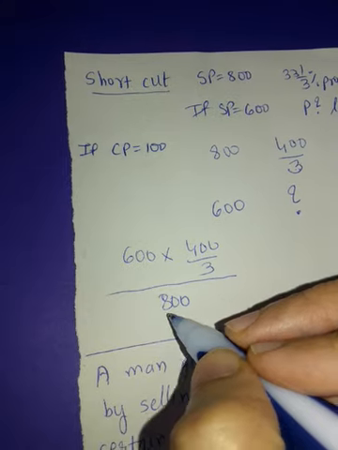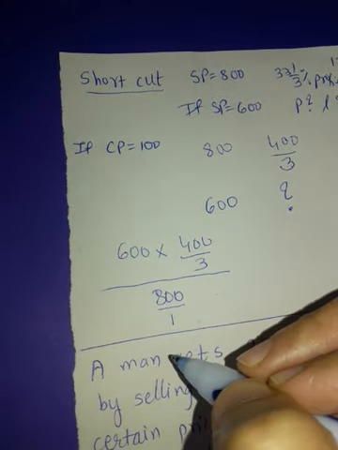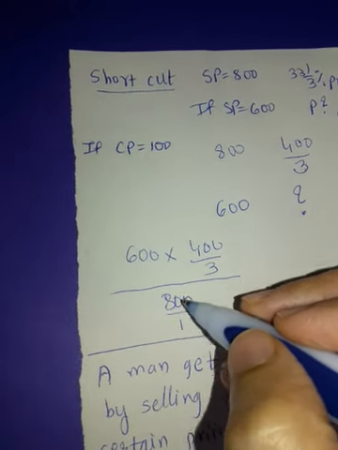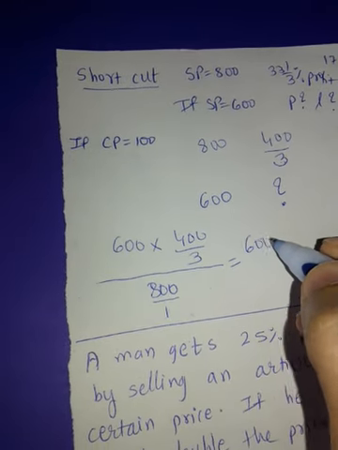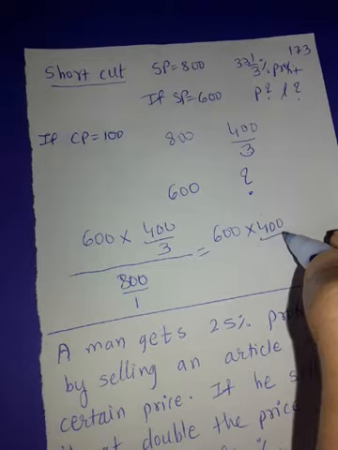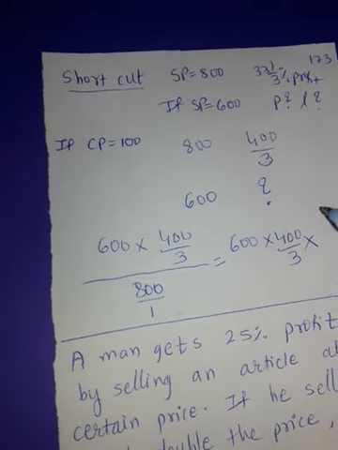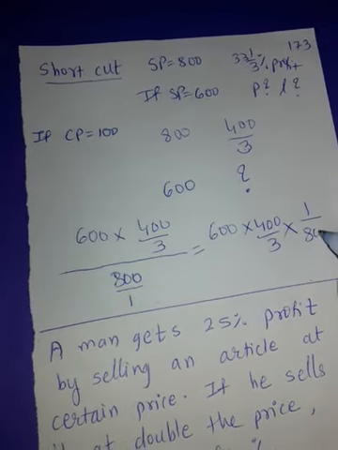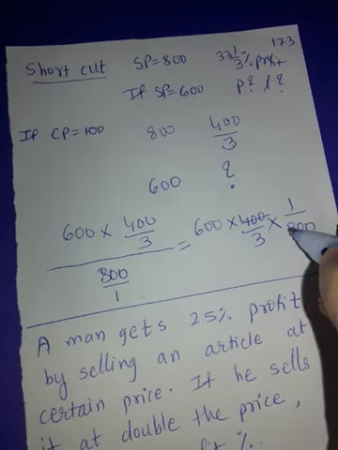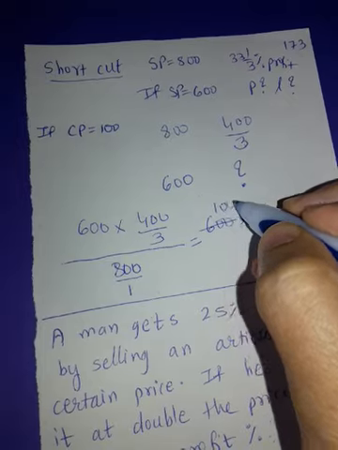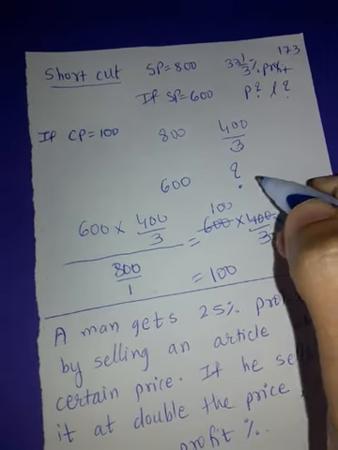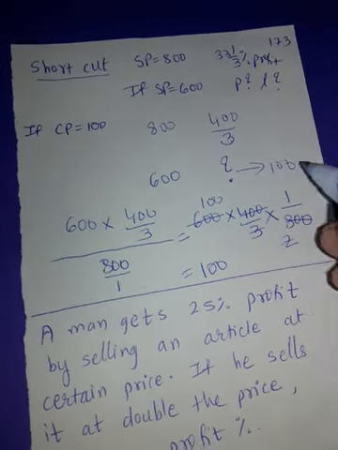What is upon 800? 800 means 800 upon 1. It is the same, 800 or 800 upon 1. And dividing is multiplying by the reciprocal. So 800 upon 1 will now be 1 upon 800. 1 eight, 2 eight... 3 twos are 6, 6 gone, so 100. So this is equal to 100.